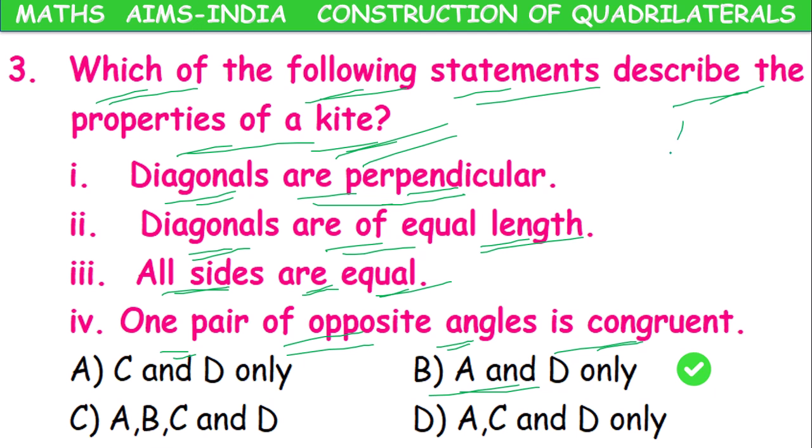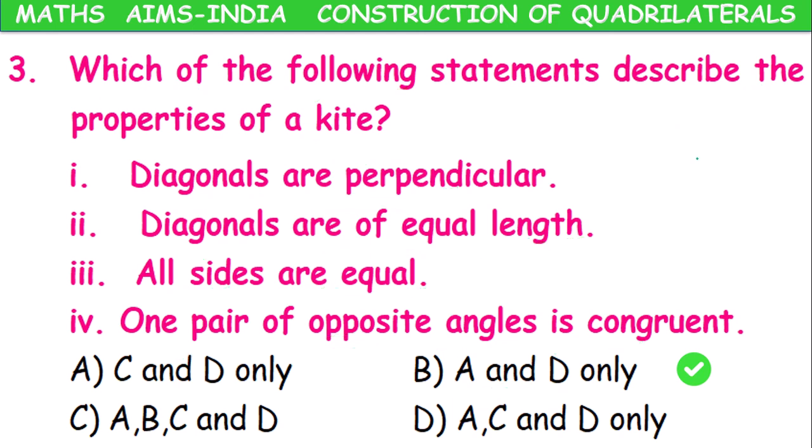So this is the kite. In the kite, diagonals will always be perpendicular, and only one pair of opposite angles is congruent.